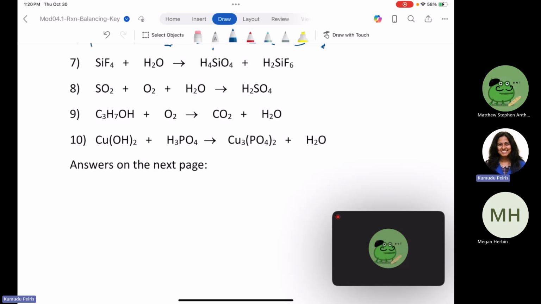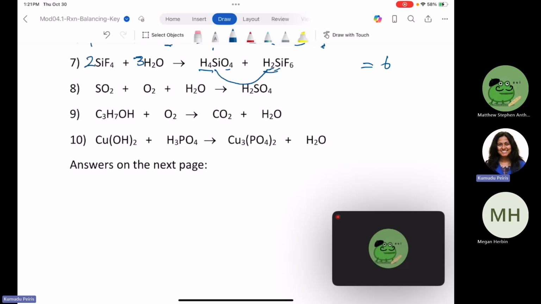So here I have 4 hydrogen in this side and 2. So it's gonna be equal to 6 altogether. So let's start with adding 3 here. But then again these 2 has 1 silicon each. So I have to add 2 on here.